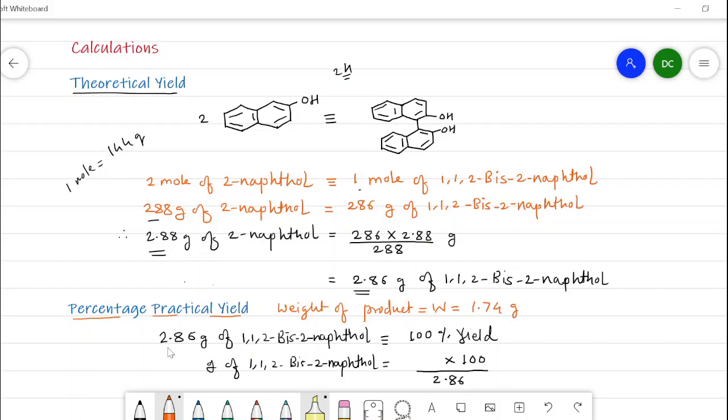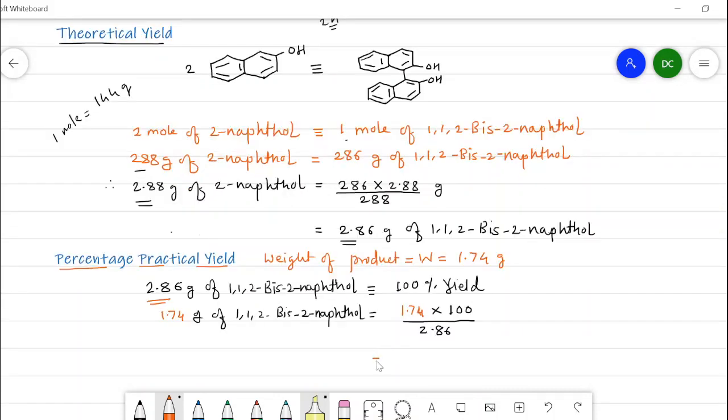Now 2.86 gram of bis 2-naphthol corresponds to 100% yield, so that 1.74 gram bis 2-naphthol is equal to 1.74 into 100 divided by 2.86, and the calculation is made. Here we get 60.83% as a practical yield.